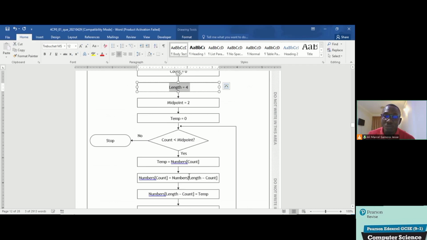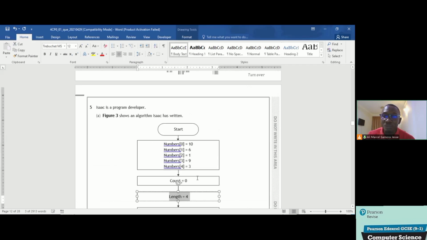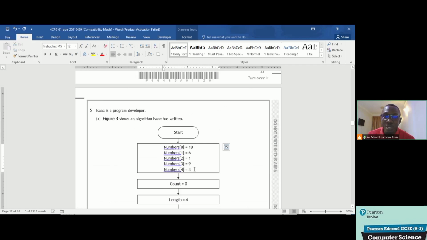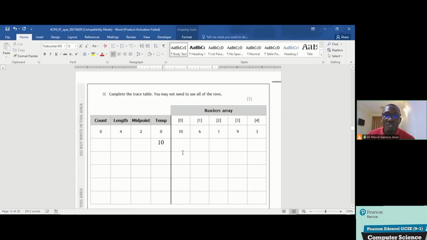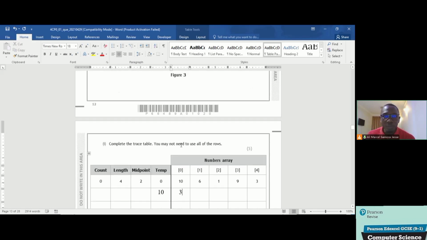Count is 0. So 4 minus 0 is 4. In the array of 4, what do we have as the value? 3. So where we have 0 count, we have to put 3 here. We are tracing this table through. Let's continue.